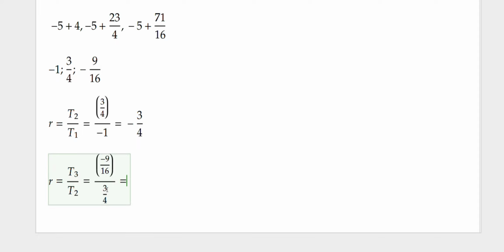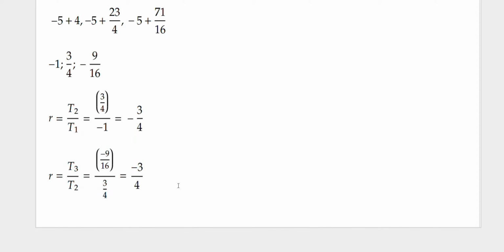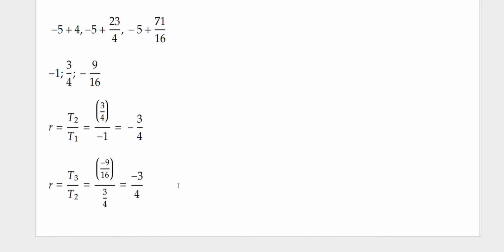And if you calculate, you will get the same value as just now, which was negative 3 over 4. Which confirms that our R is negative 3 over 4. That's our ratio for the geometric sequence.